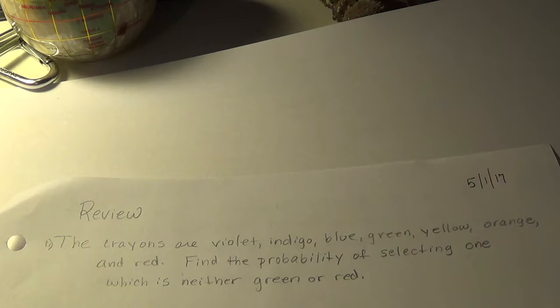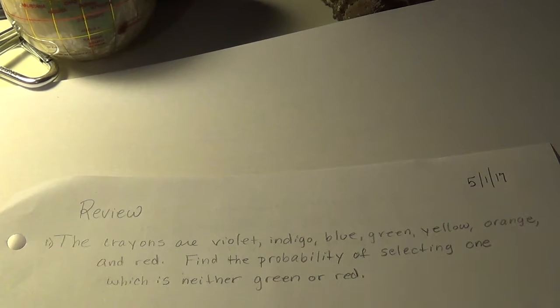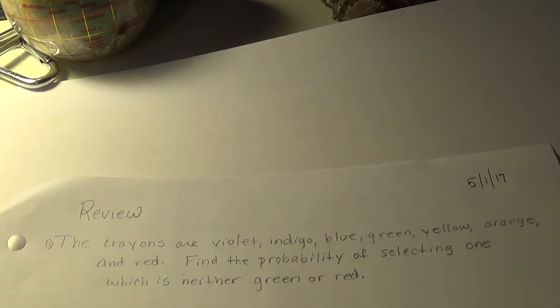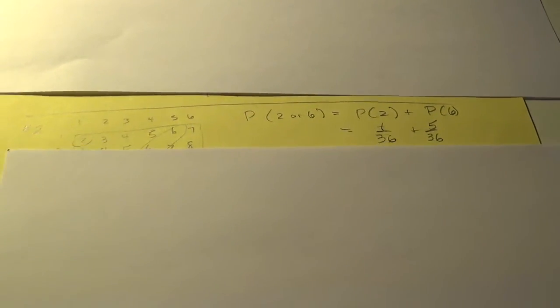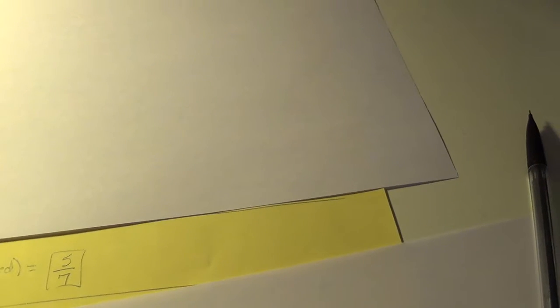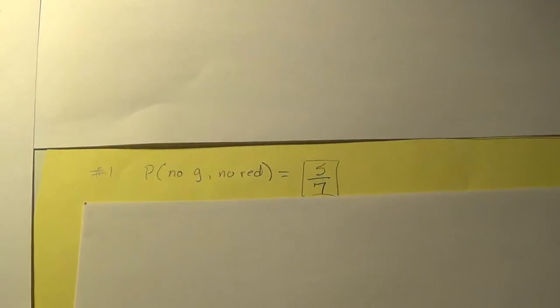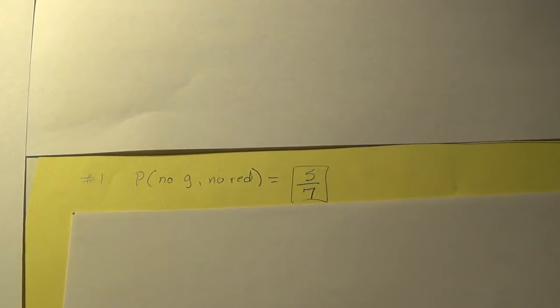So you would divide 5, meeting the requirements of the problem, divided by the total number of colors, 7, 5/7. The answer is the probability of no green and no red, 5 out of 7.